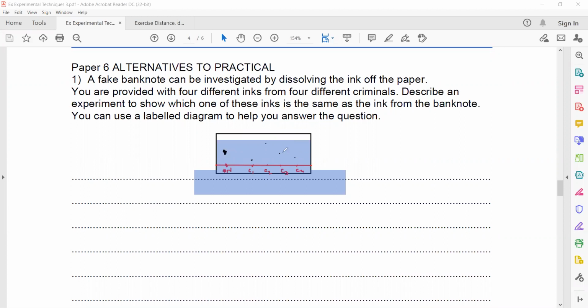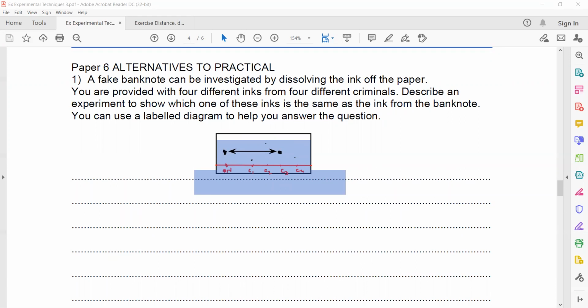This is the spot of the banknote and this is a spot from criminal 3. So it matches criminal 3, which means this banknote ink belongs to criminal 3. It is very important you draw the diagram, so that if you miss anything in the question, it will clear it up and complete the answer. That's a reason why you should always draw.